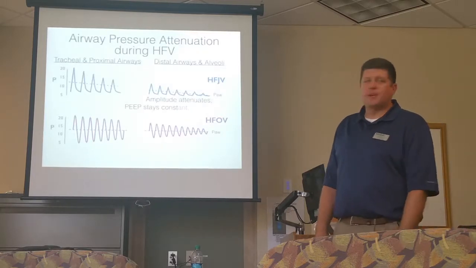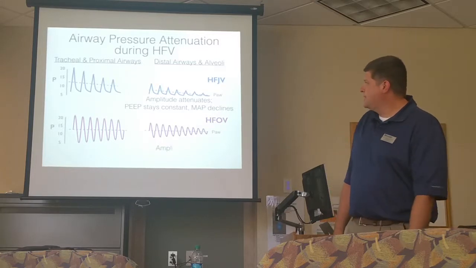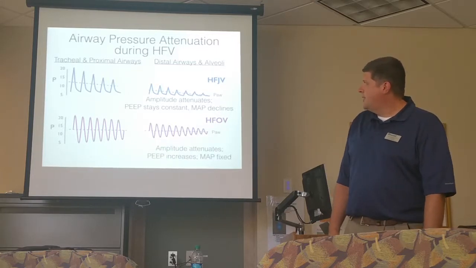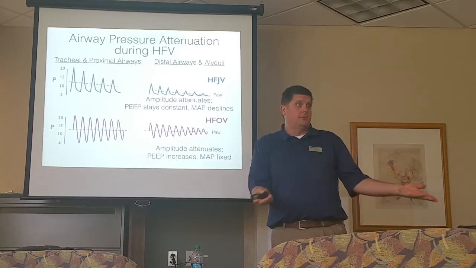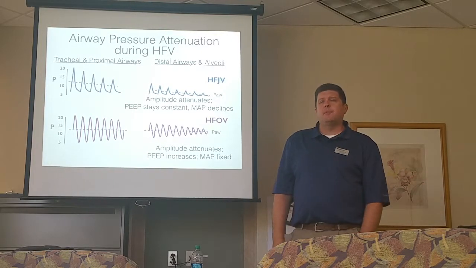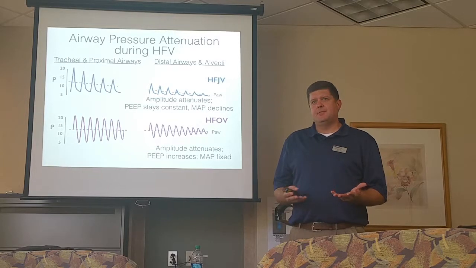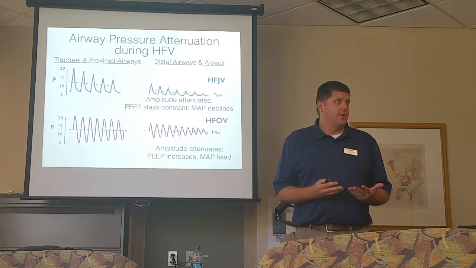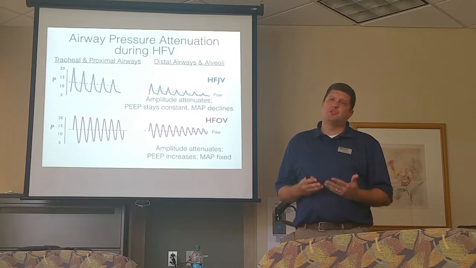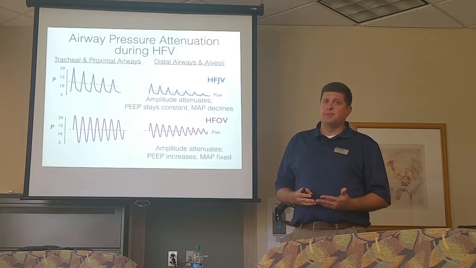When you look at the pressure waveforms between the two machines, the jet up here presents a traditional pressure control type waveform. But remember that this is high frequency, which means it's gentle. The amplitude, your applied delta pressure, dampens and attenuates dramatically as it goes down the airways.